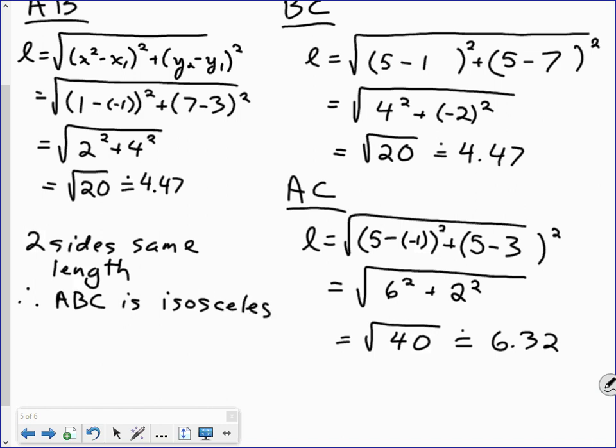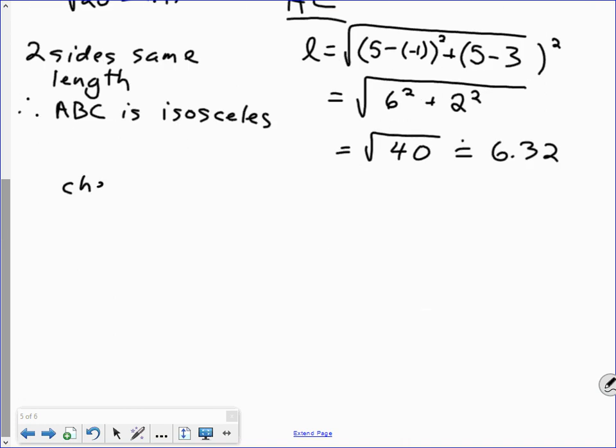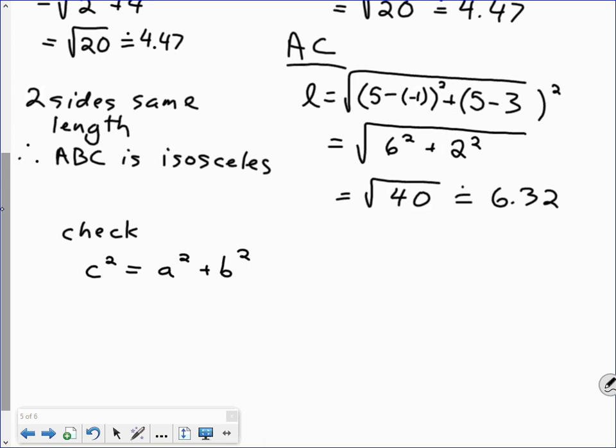Now, if we wanted to, we could use the lengths of the sides to verify that it is in fact a right-angled triangle. If it's a right-angled triangle, the sides have to obey the Pythagorean theorem. Which side is going to be c, our hypotenuse? Well, it's got to be our longest side. So that's got to be our root 40.